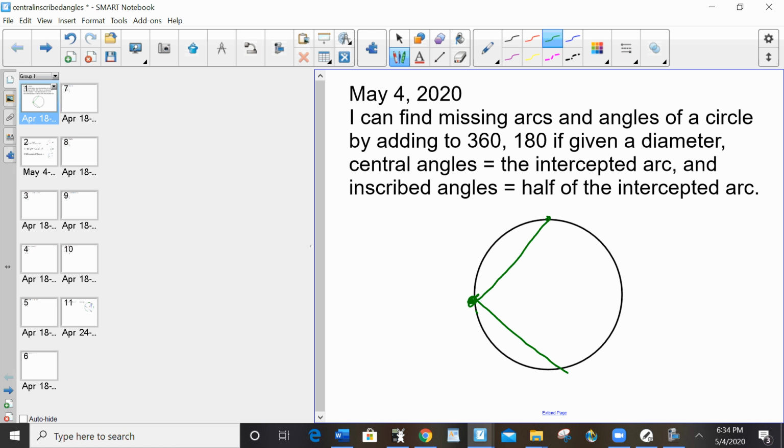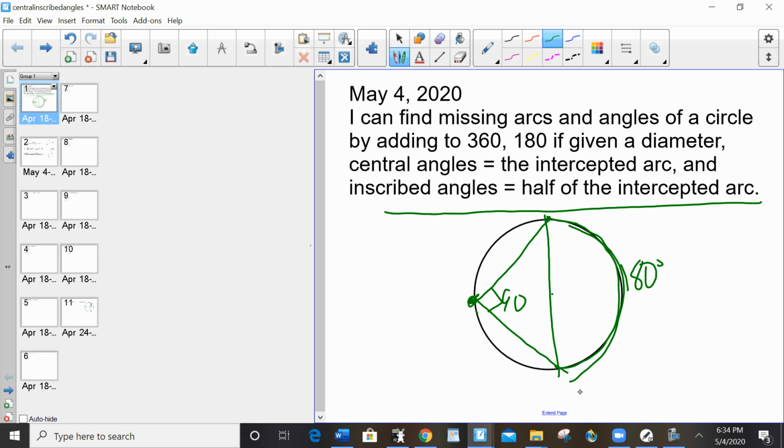Now I tried to make this arc half of the circle, which would make this arc 180, and this angle here is 90. So what's the relationship? Well, they're not equal, but the inscribed angle is half of the intercepted arc. 90 is half of 180. The inscribed angle is always half of the intercepted arc.